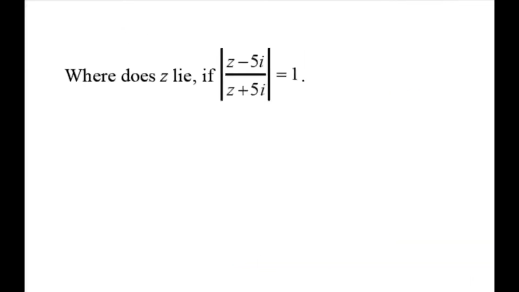Next question is, where does z lie if modulus of (z minus 5i) upon (z plus 5i) equal to 1?